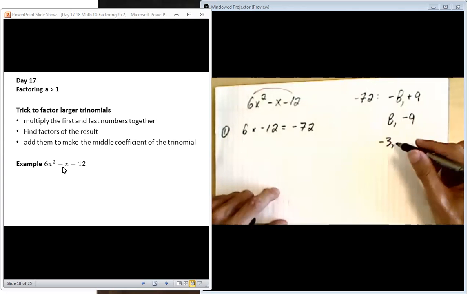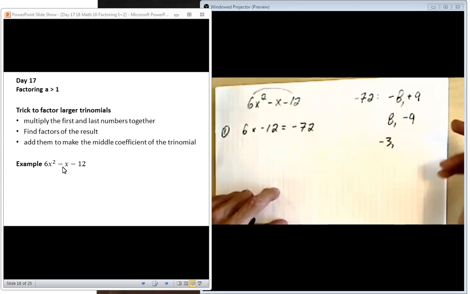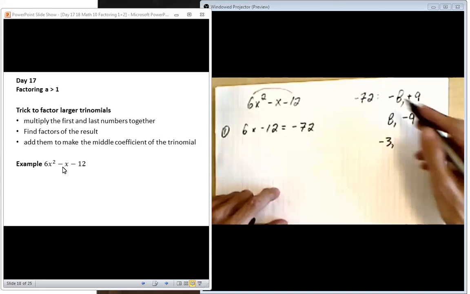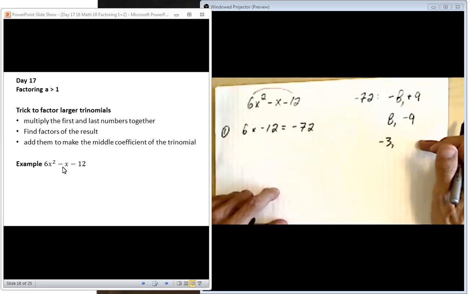Well, minus 3 and what? Let's finish that one and then we'll check some others. Well, minus 3 times what will give you the 72? Let's finish off this one first. 24, is that what it is?